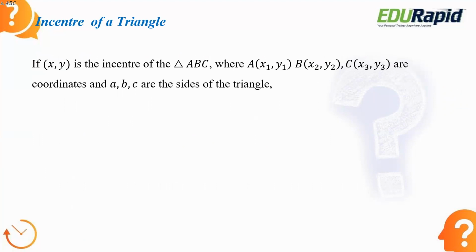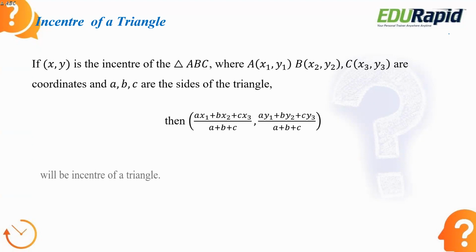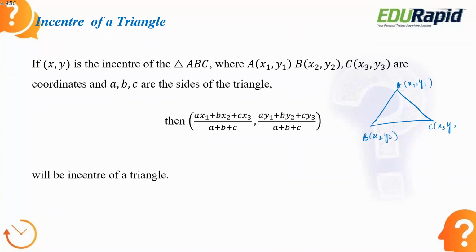If x comma y is the incenter of a triangle ABC, where A, B, and C are the given vertices with coordinates x1, y1, x2, y2, x3, y3, and a, b, c are the sides of the triangle, then considering this, the incenter is given by this formula.